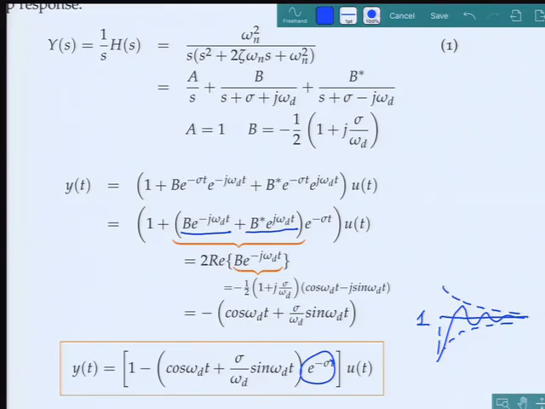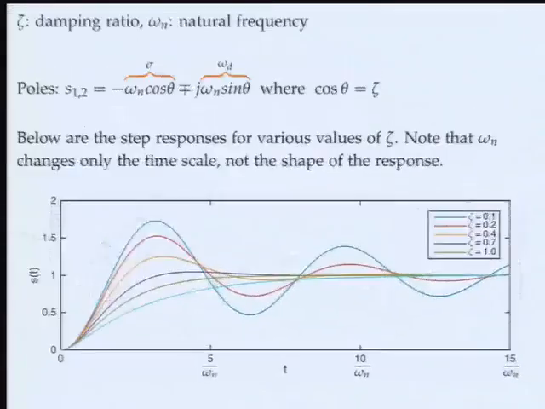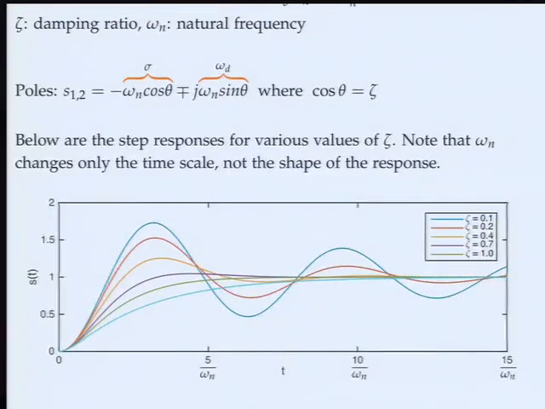So let's go back to the real step response shown here. This is showing the step response for several different values of zeta. And that is consistent with what we have just derived. You can see that you're going to have oscillations before you settle if your zeta is small.